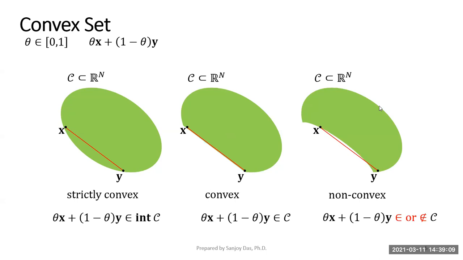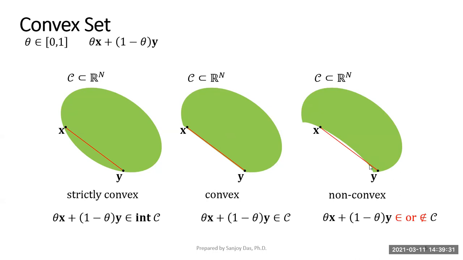And this is a non-convex region. When we take any pair of points in the region C, we must have all the convex combinations of the 2 points being in the region C itself.